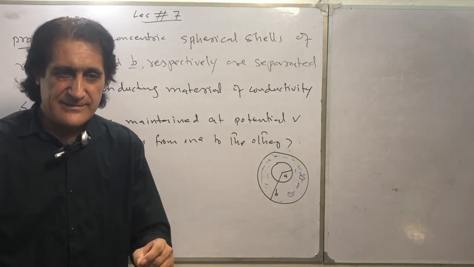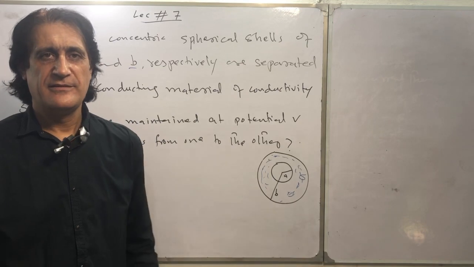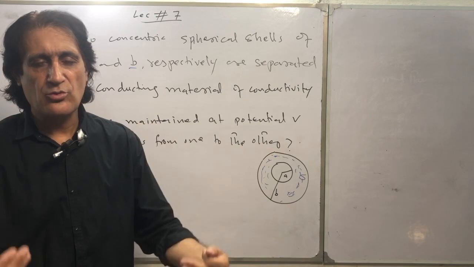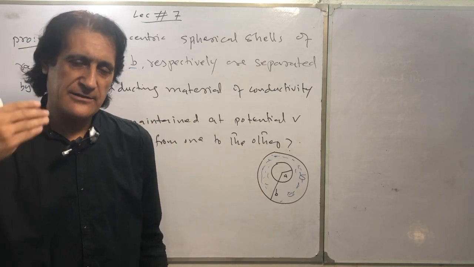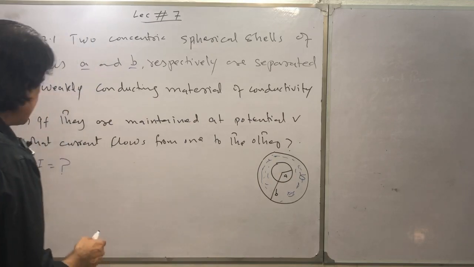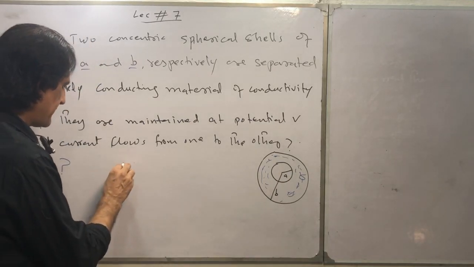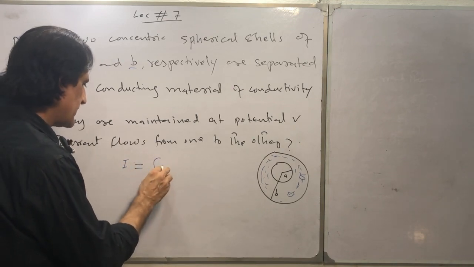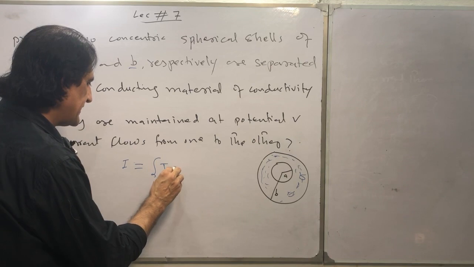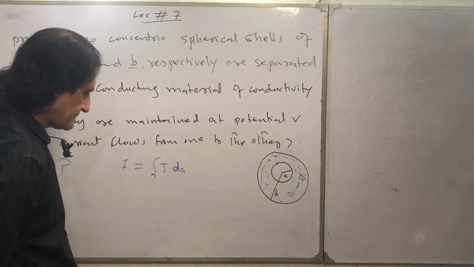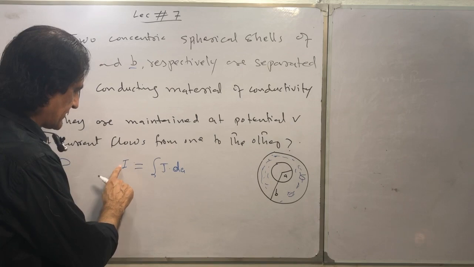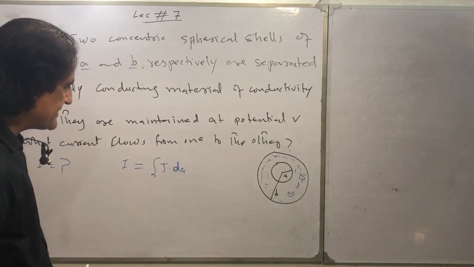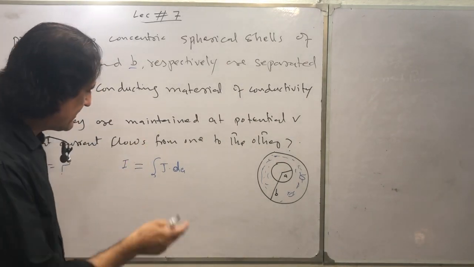The question is how to start and try to calculate the current. We have a relation for current: charge, this is equal to J, the current density, current per unit area.